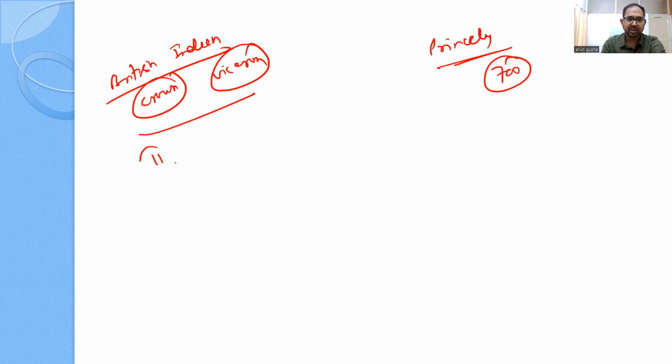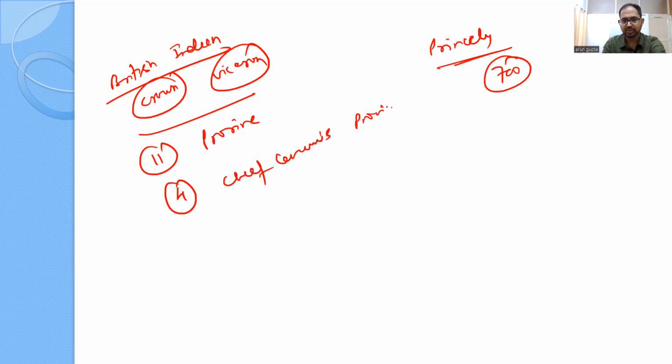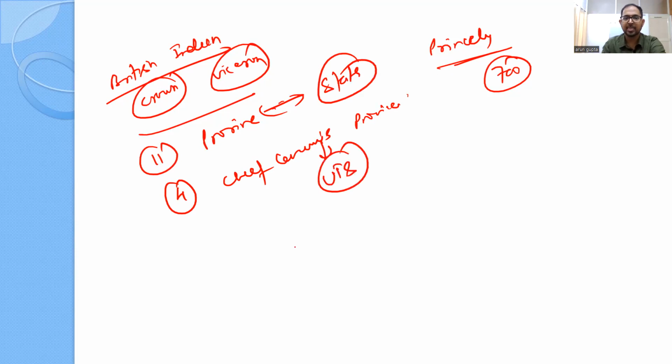So in British India, there were 11 provinces and 4 chief commissioners' provinces. These were analogous to today's states, and these were analogous to today's union territories. So from these 11 provinces, 292 members out of 296 were elected, and 4 were elected from the chief commissioners' provinces.